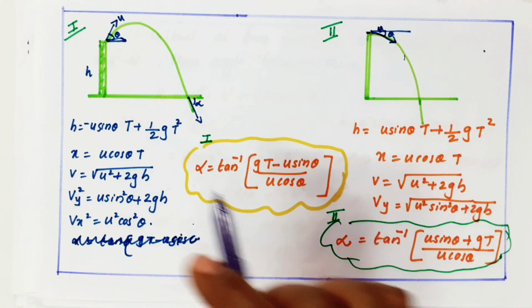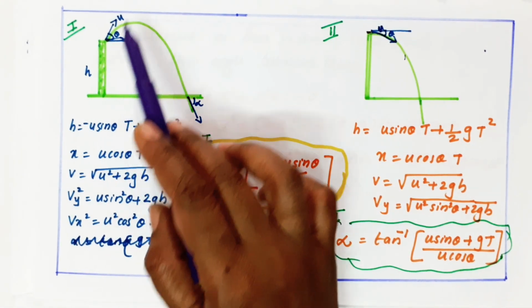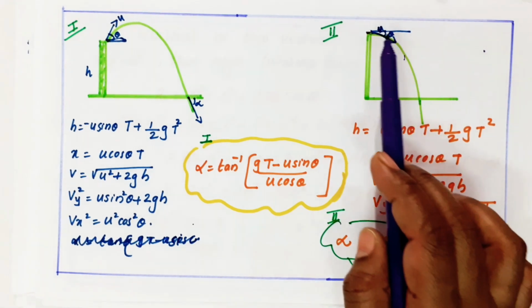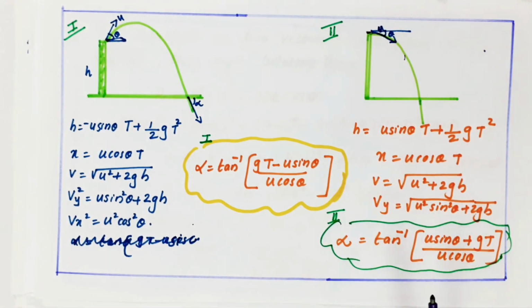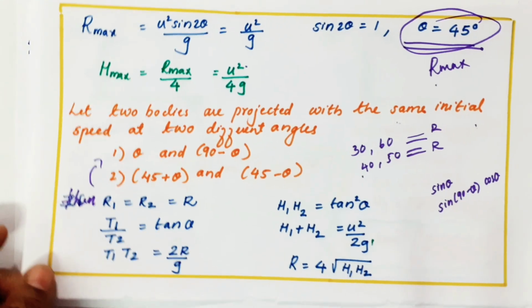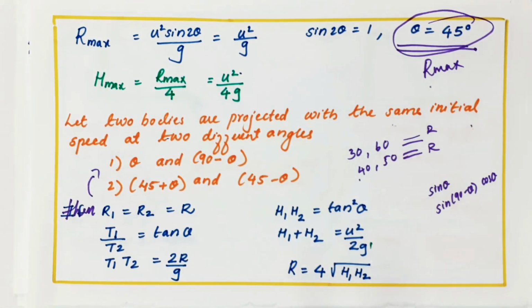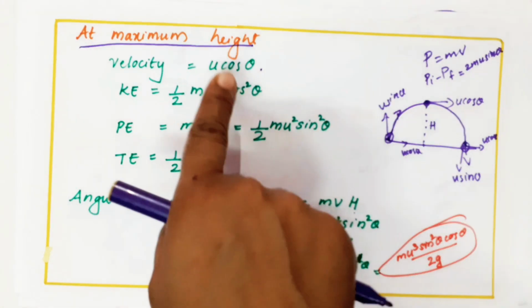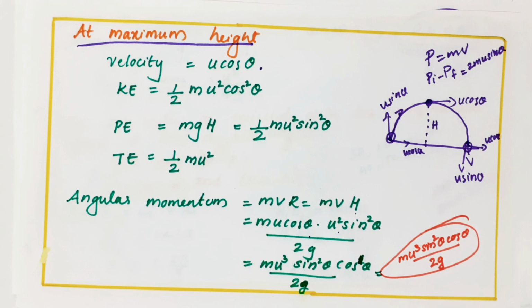Okay, you got the difference here. From the top of the tower we are projecting the body up, but here from the top of the tower we are projecting the body down. And this type of shortcut equation, you can remember, or learn the basic equations. In that the main concept is this one only: at maximum height, the velocity is u cos theta.